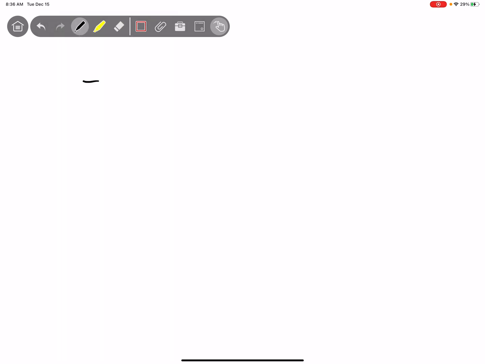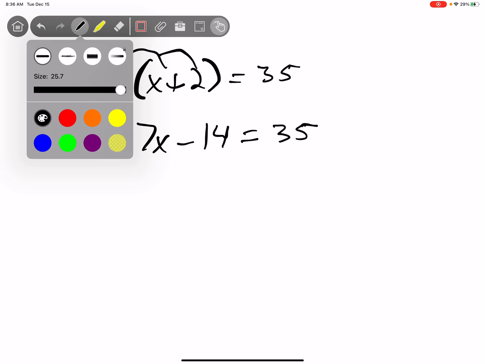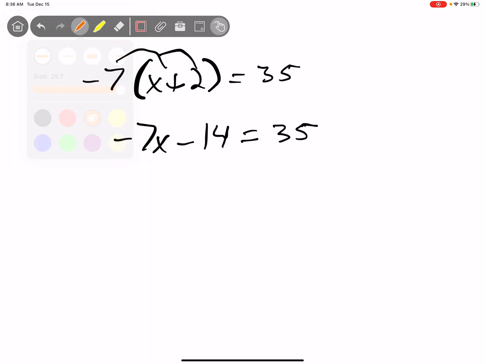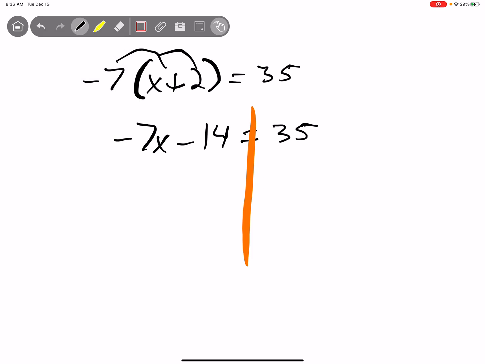The next one said negative 7 times x plus 2 equals 35. If I distribute negative 7 into parentheses, I get negative 7x minus 14 equals 35. And now I'm going to bring down my mirror.